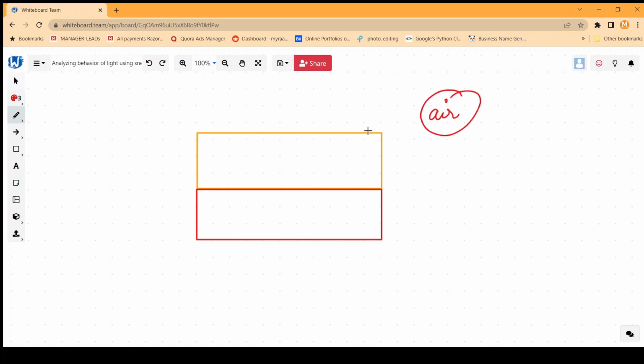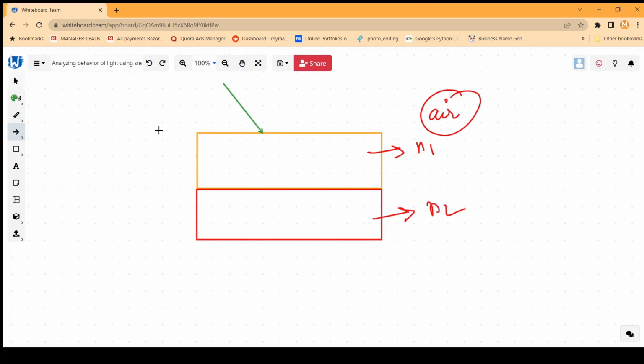So this is air. This slab has a refractive index n1, the other slab has refractive index n2. Now we are going to direct a ray of light from the top, let's say, and we want to know how it's going to behave.